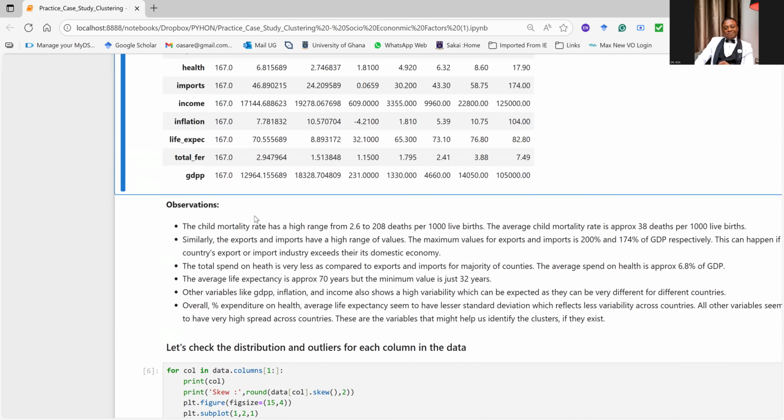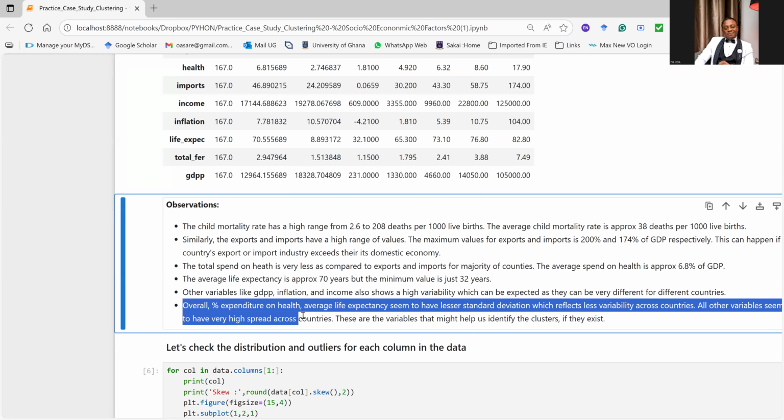So some of the things that I said, they are here, and you can pick on each one of them. As an example, it says that for overall percentage of health, average life expectancy seems to have lesser standard deviation, which reflects less variability. All the other variables have high spread across countries.